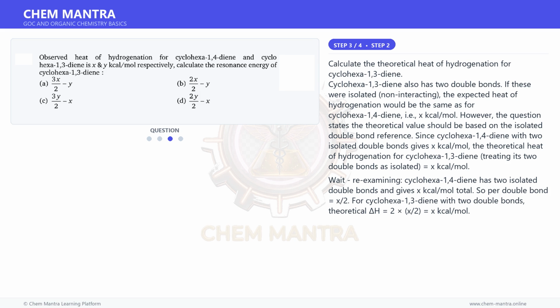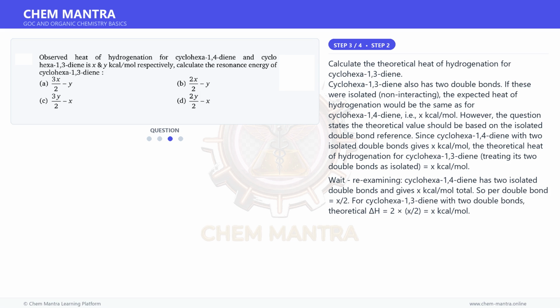However, the question states the theoretical value should be based on the isolated double bond reference. Since cyclohexa-1,4-diene with two isolated double bonds gives x kcal/mol, the theoretical heat of hydrogenation for cyclohexa-1,3-diene, treating its two double bonds as isolated, is equal to x kcal/mol.